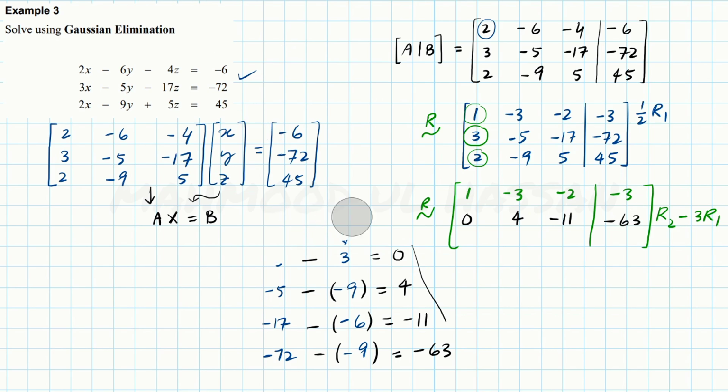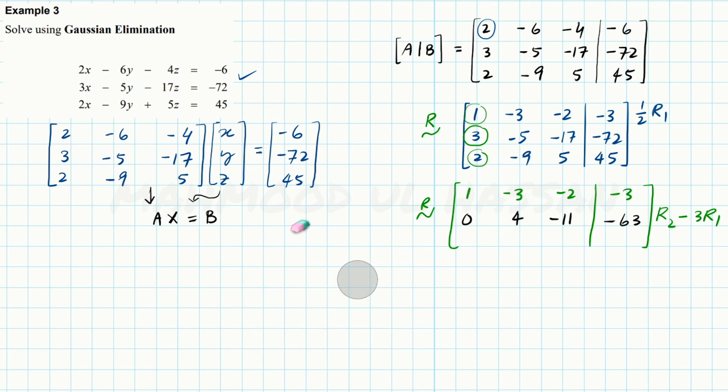Is it okay? Yeah. Now next, in the third row, we are going to make this 2 into 0. Again, do the same process, that is R3 minus 2 times R1. So that is 2, and we are multiplying 2 with row 1, so 2 minus 2 is 0. Here negative 9 minus 2 multiplied with negative 3, so that would be negative 6.